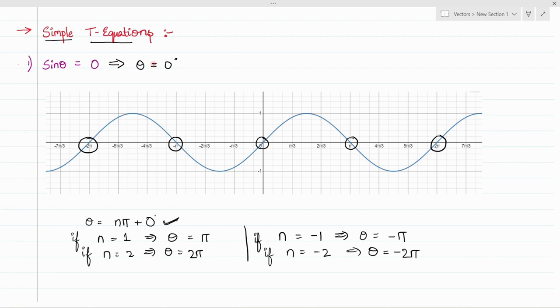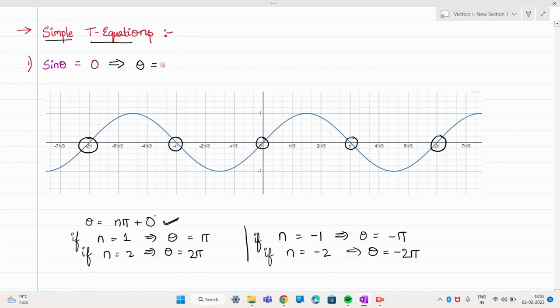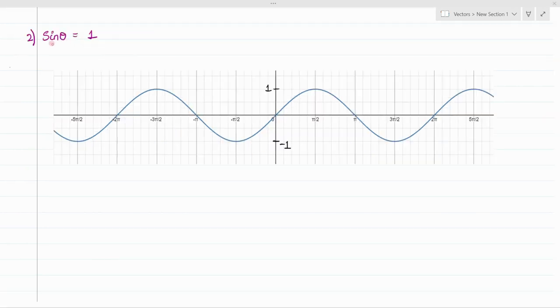It is just one solution, but it is not always the correct solution, because we have just seen that for this kind of equation we have infinite solutions. From now onwards, the solution for theta is theta equal to n pi. Here, n is any integer.